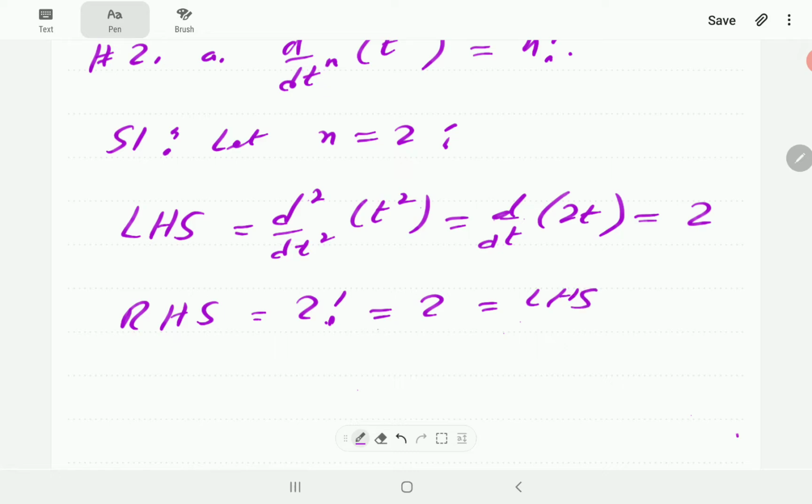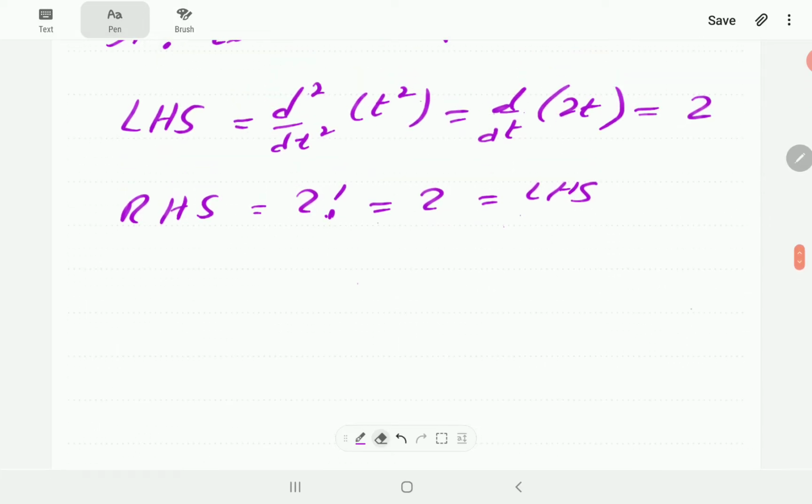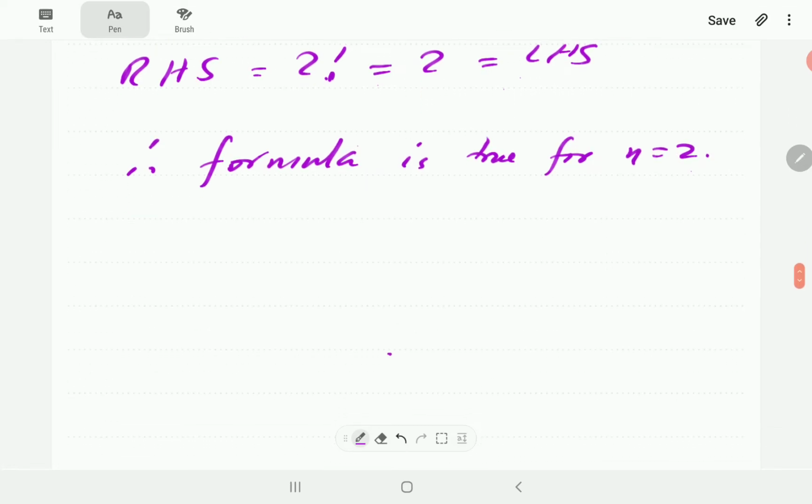This is the same as the left-hand side. So we can conclude that the formula is true for n equals 2. So that means step 1 is a success.